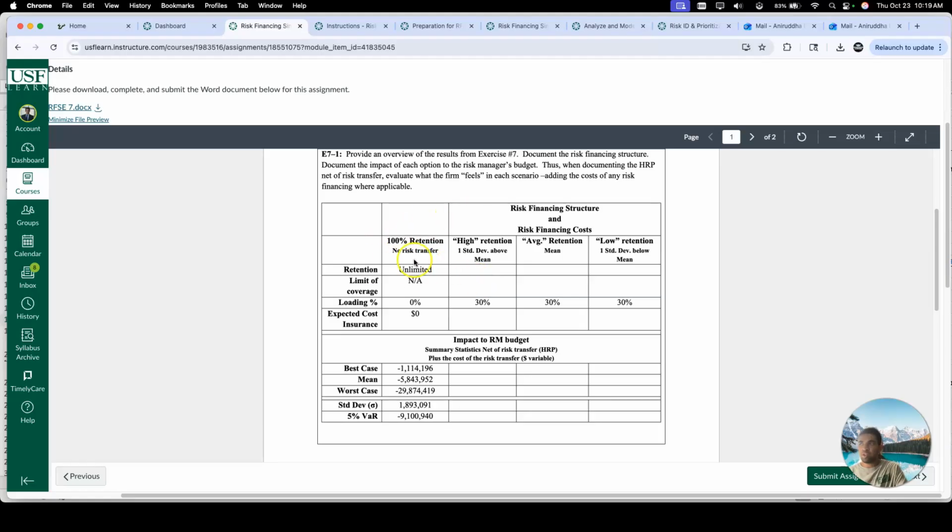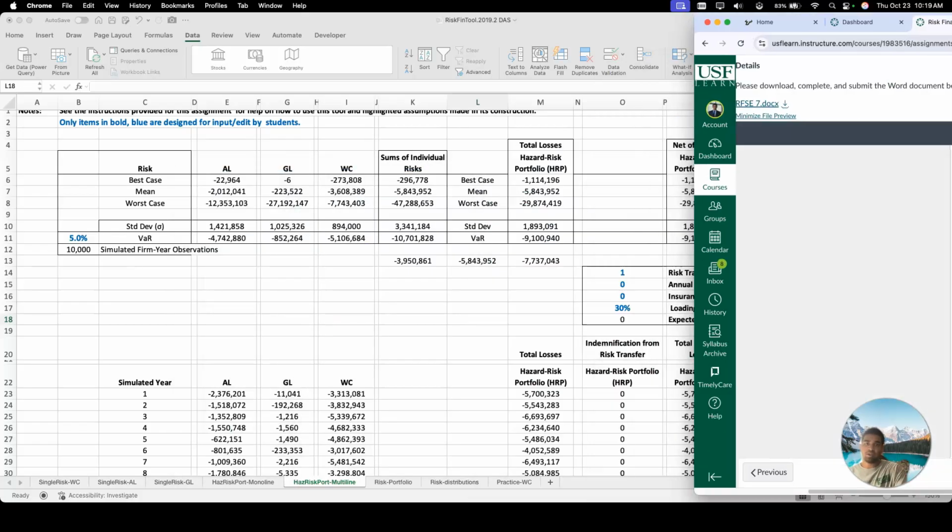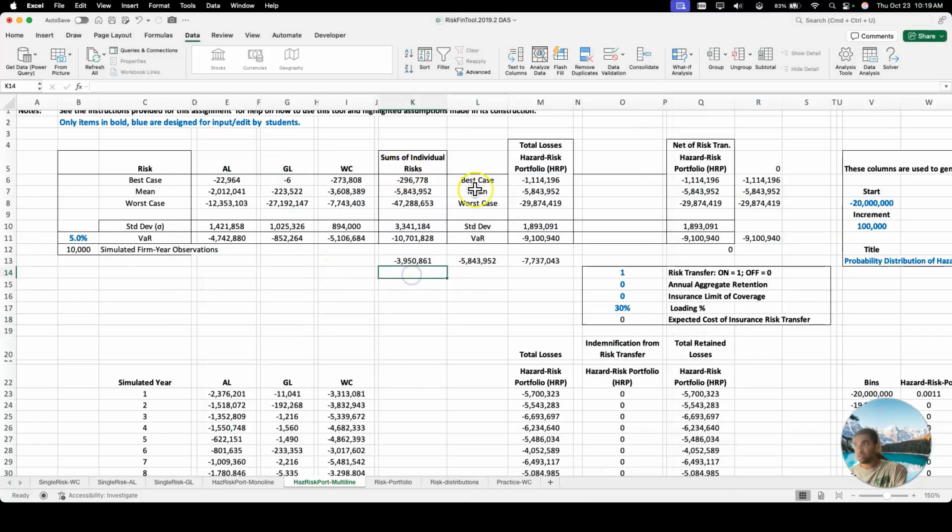It says here, one standard deviation above the mean and one standard deviation below the mean. To calculate that, let's say this is best case, mean, worst. How did I get these numbers?